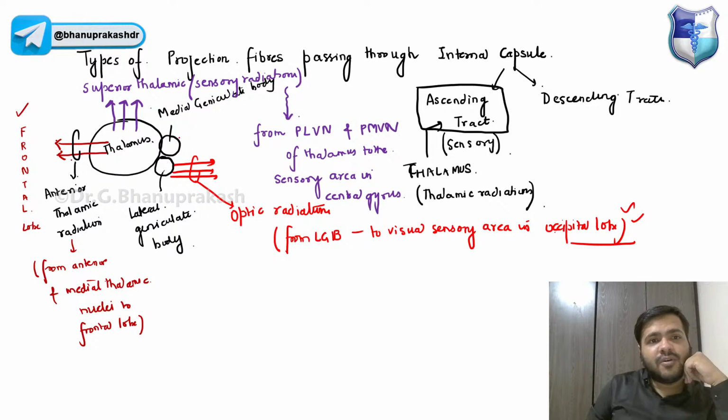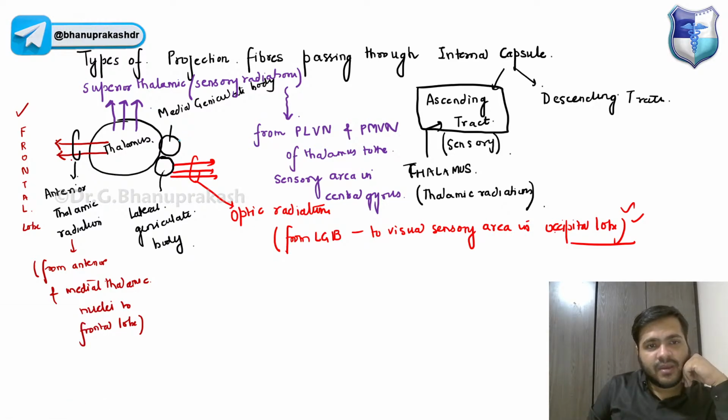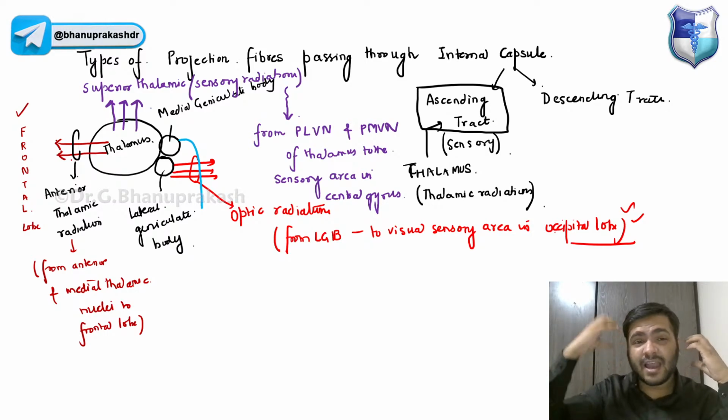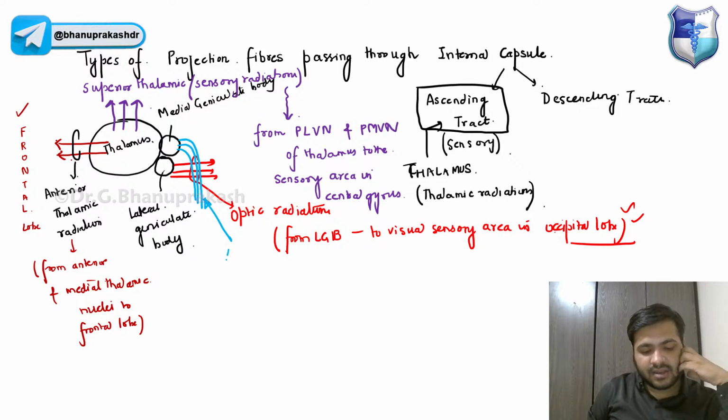We also have the auditory radiations, guys, which are coming from the medial geniculate body. And guys, remember, it is going to the temporal lobe. The temporal lobe is down, okay? The thalamus is up. So basically these fibers will be going down like this, and this is called the auditory radiations.